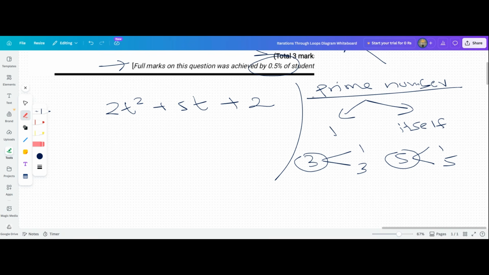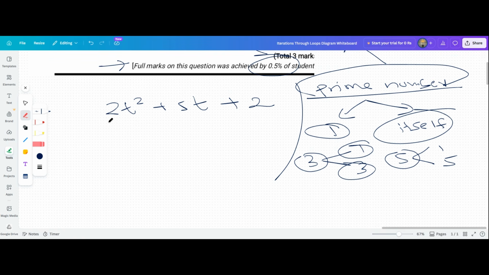So here they are talking about prime numbers, and we identify a prime number by its factors. So let's factorize this. We need to find two numbers which, if we add them, give 5, and if we multiply them, give 2 into 2, which is 4.